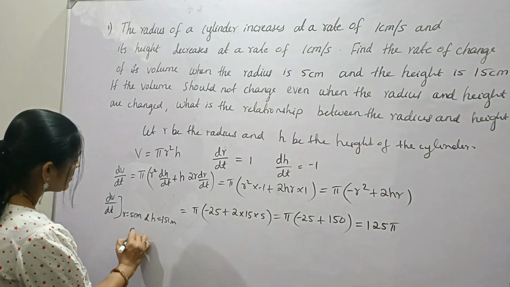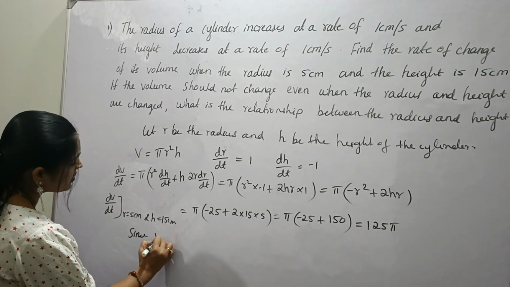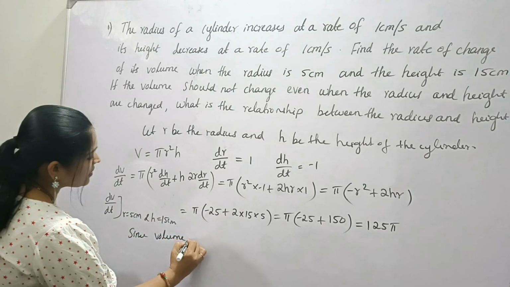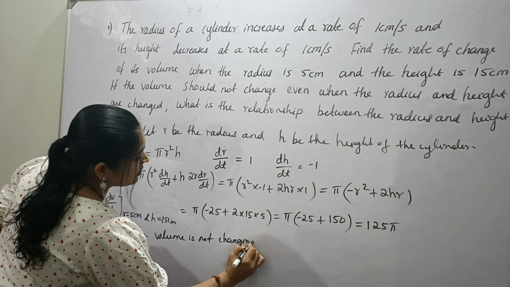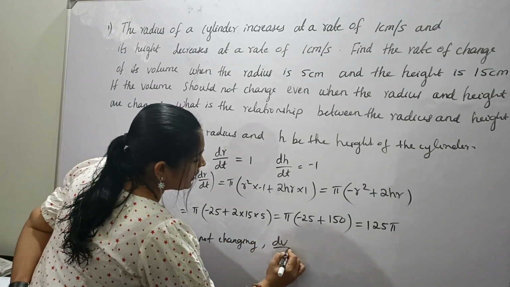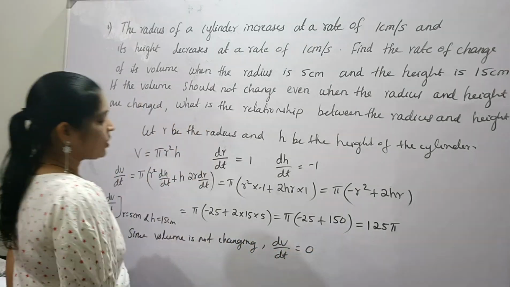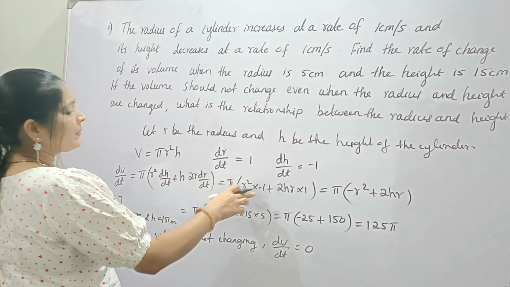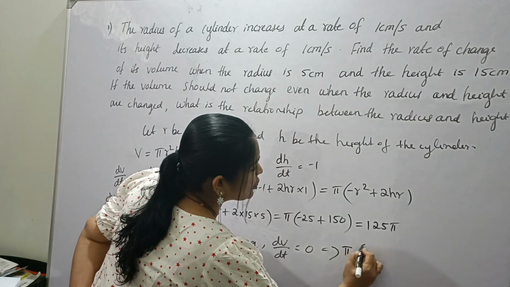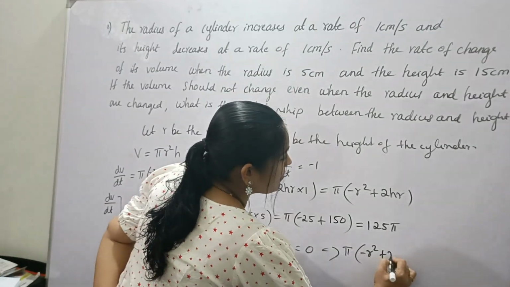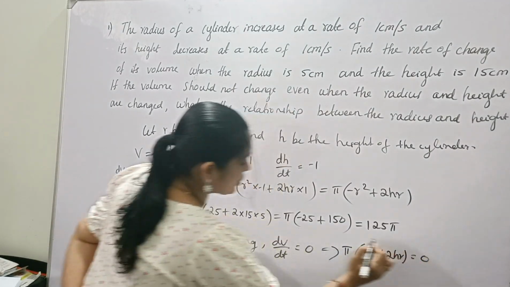So here, since volume is not changing, dV by dt is equal to 0. So what is our dV by dt? This one, right? That implies pi into minus r square plus 2hr is equal to 0.